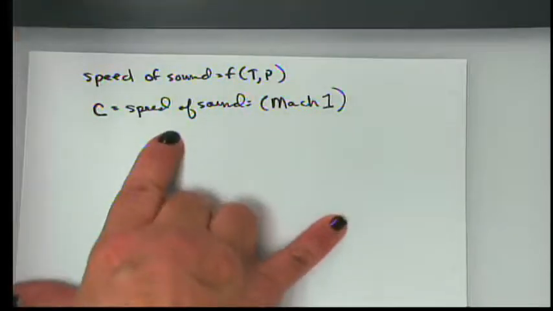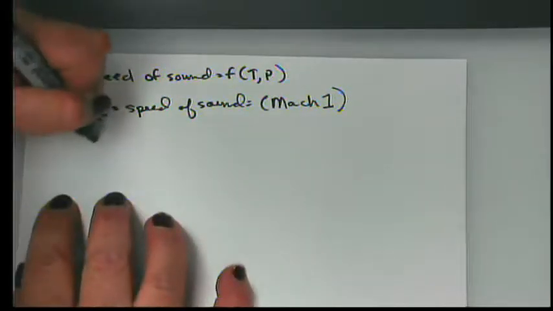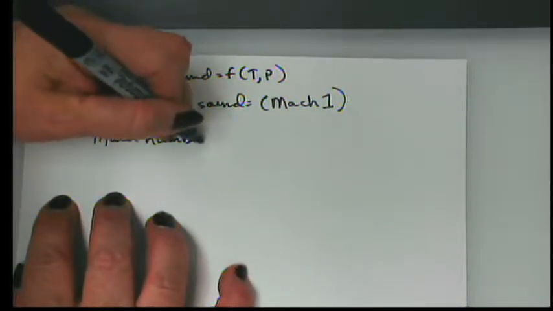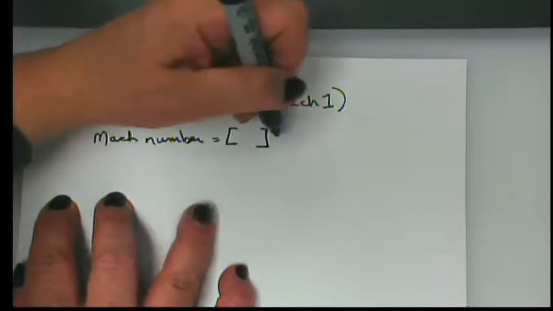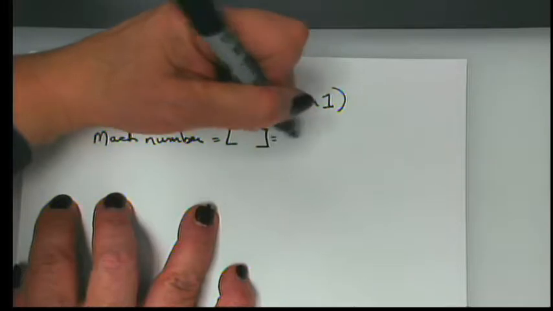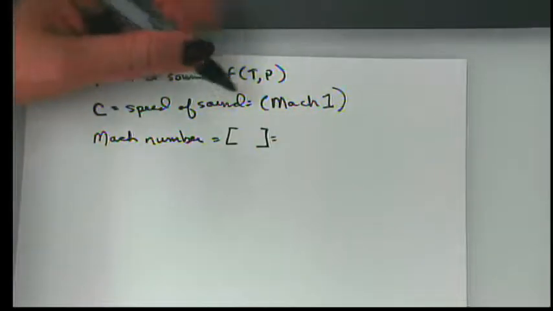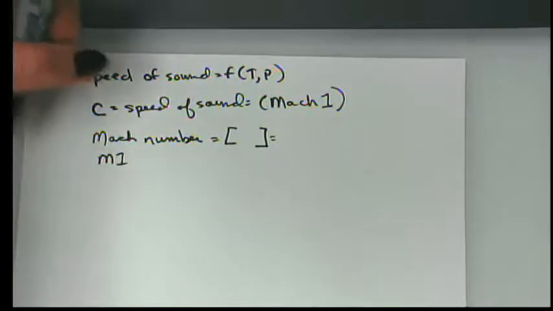A Mach number is a dimensionless number, and it tells you how fast something is going relative to the speed of sound. So if you are at Mach 1, that means you're traveling at the speed of sound.